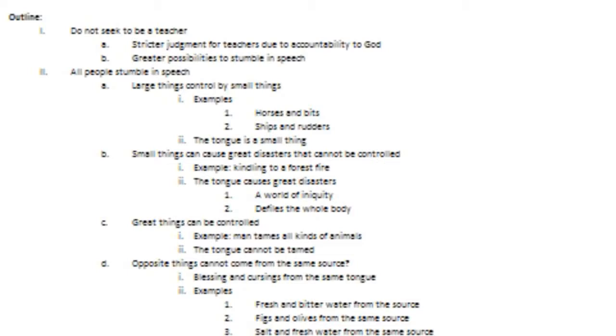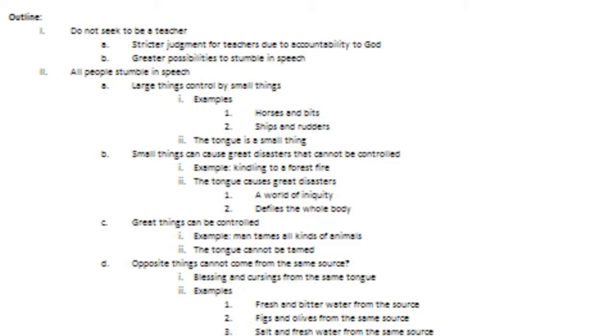You're going to see all people stumble in speech, so we shouldn't seek to be a teacher. Then you'll see that I have large things controlling small things, and then some examples of that. What are the examples? Horses and bits, ships and rudders. Another large to small is the tongue, which is a small thing.